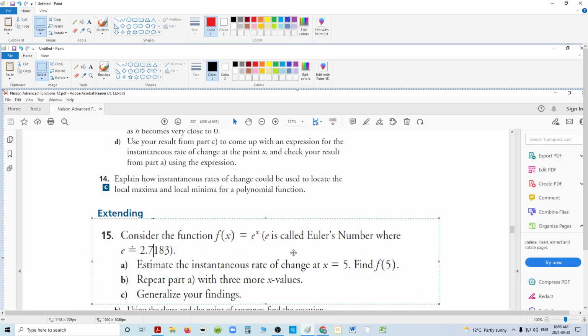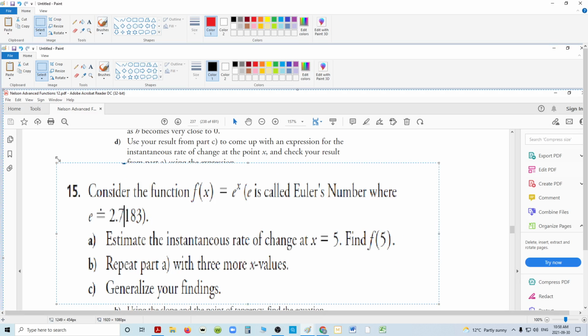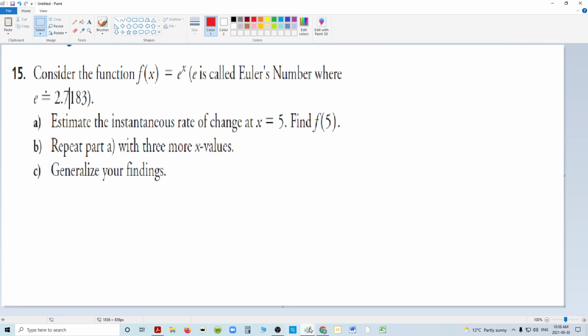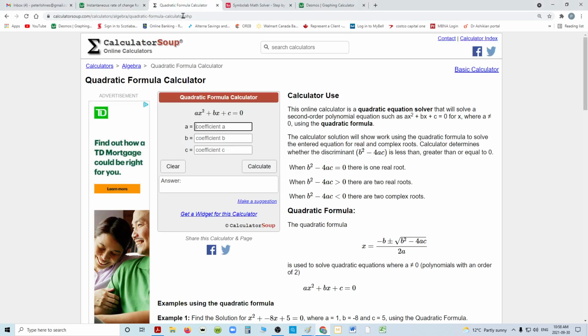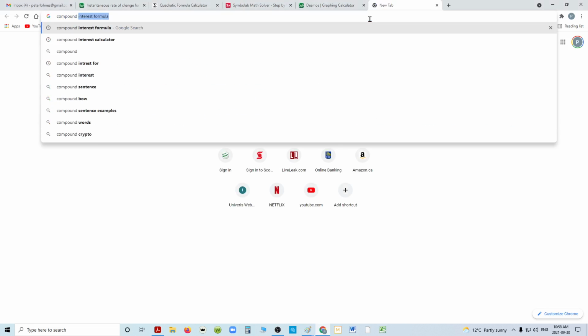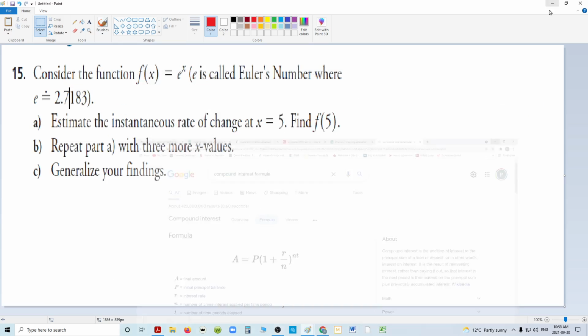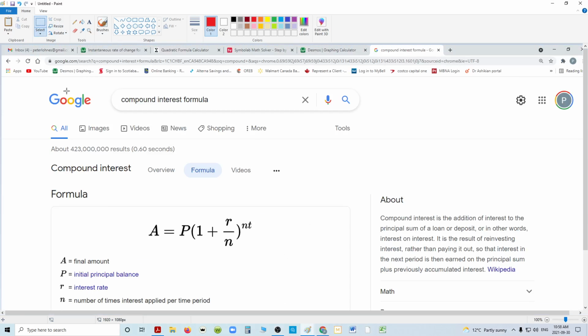Pi is a number. You always want to think of e as just a number. Okay. Do you remember your compound interest formula? You should keep it in mind, because compound interest is a very good thing any adult should know, and most adults don't know. I want to take a look at something.